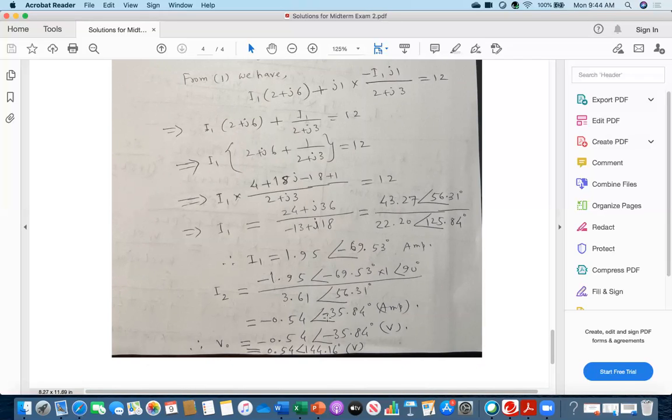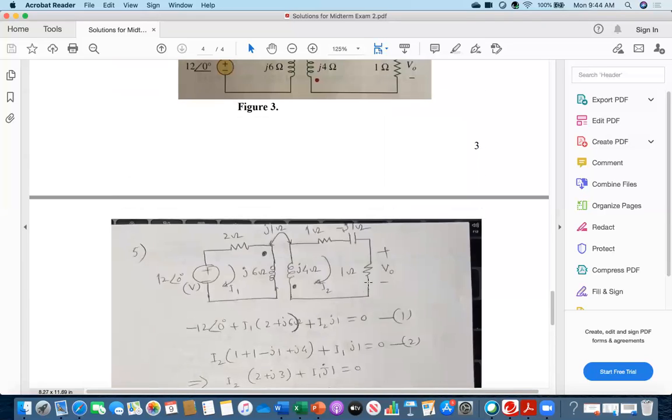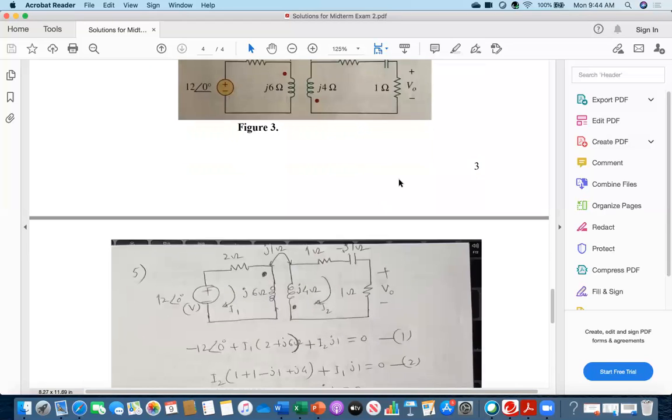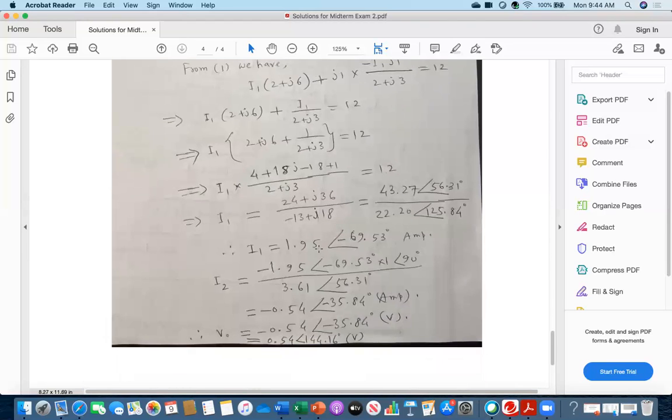Okay. If I2 is different, then you will be getting V0 different, because V0 is just 1 ohm, so if you multiply that current by 1, the result will not change. So basically I2 is the answer for V0. So you are much off with I2, so look at what mistake you made.